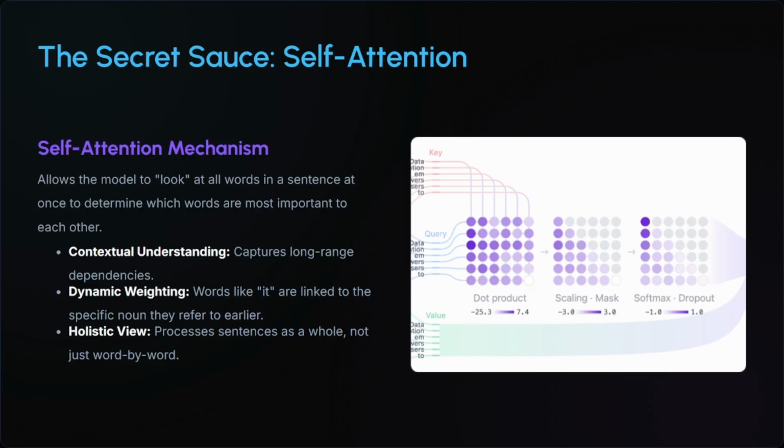Self attention makes it capable of understanding each and every word in a sentence simultaneously and assigning importance weights. It creates a web of connections, so it understands that it is linked to the animal, not the street.